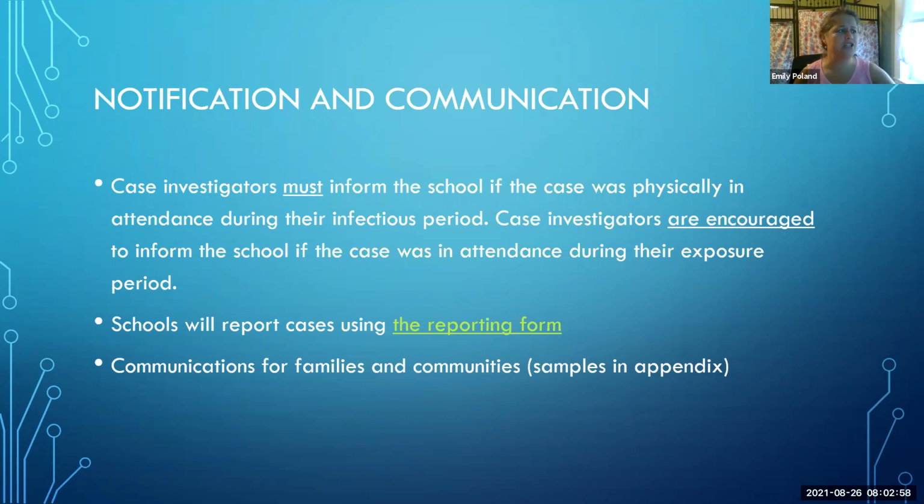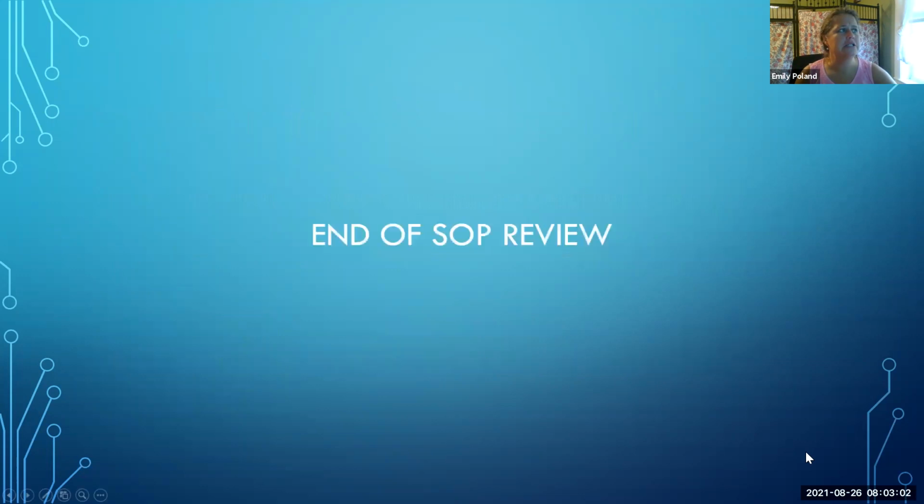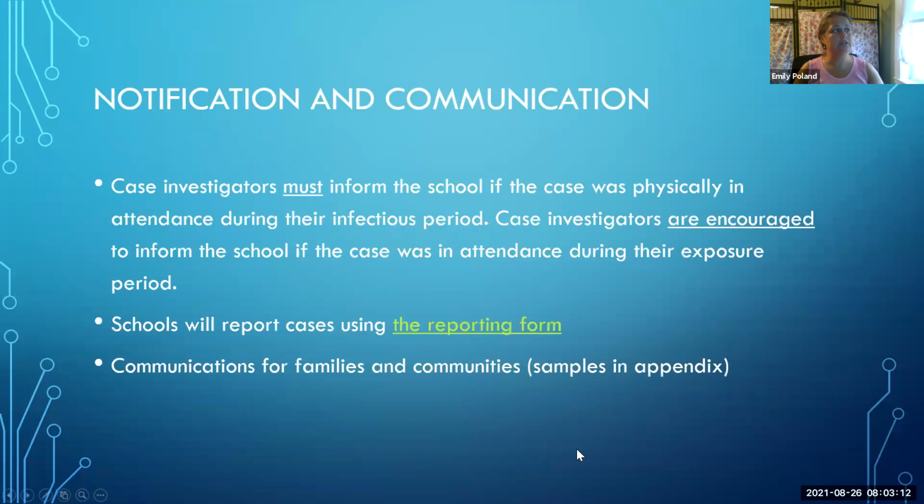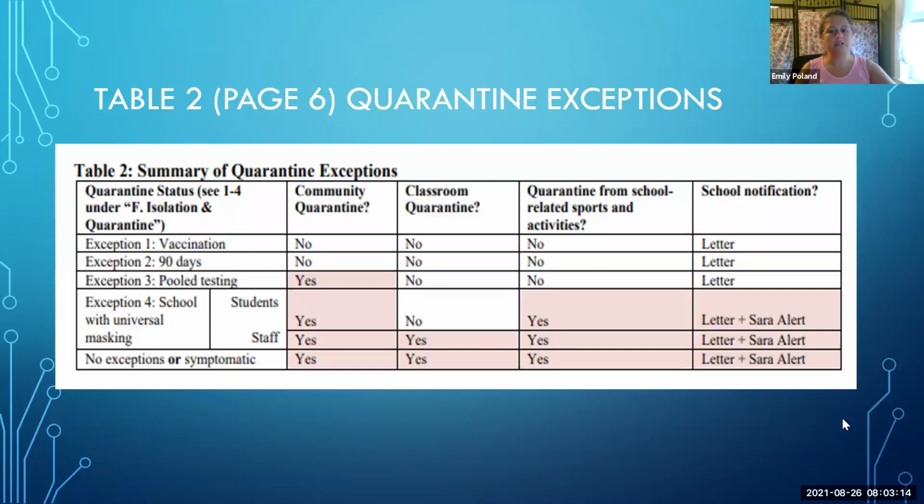There are a lot of communication samples in the appendix. And that's the end of the SOP review. All right, so I'm going to go back to this table because I want to look at some questions that we have been getting.